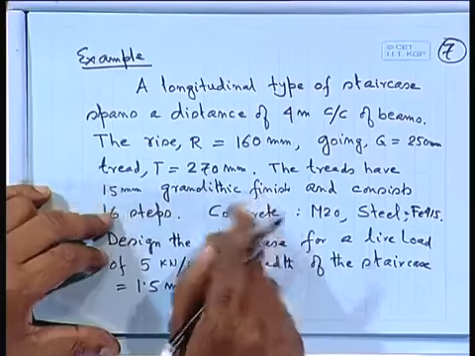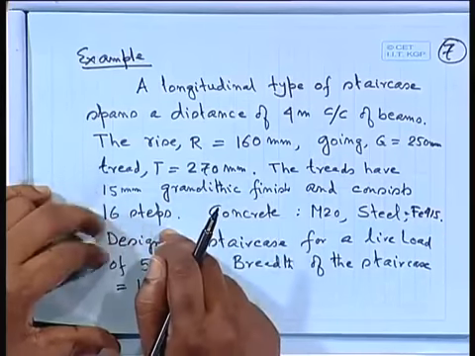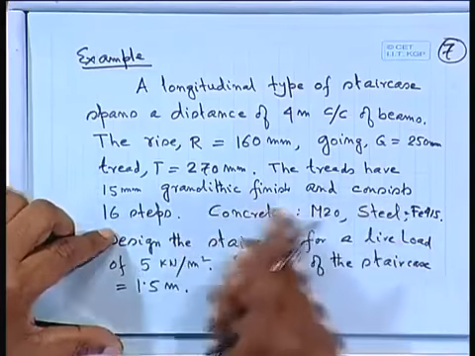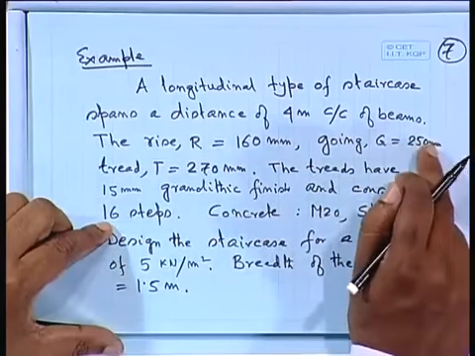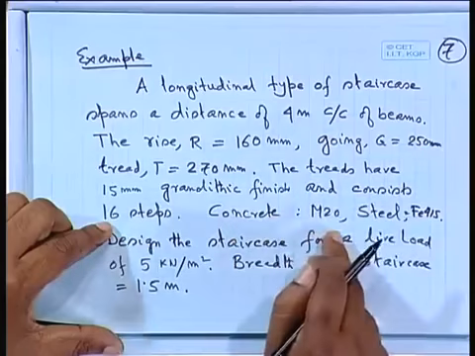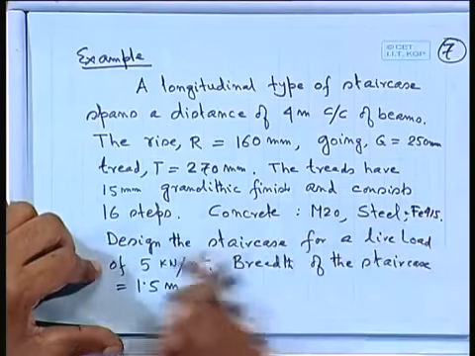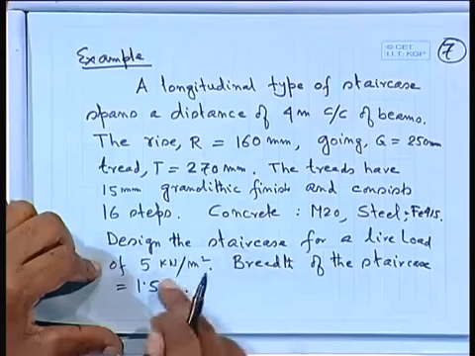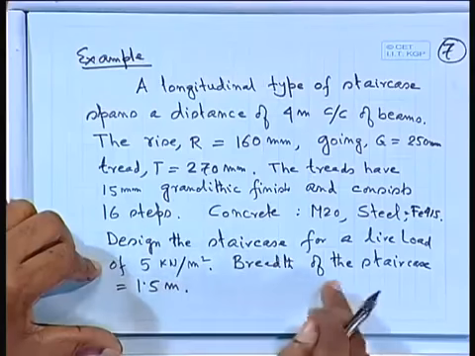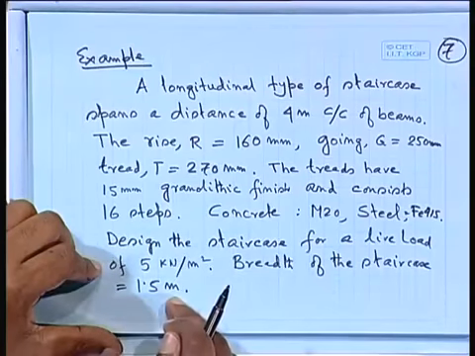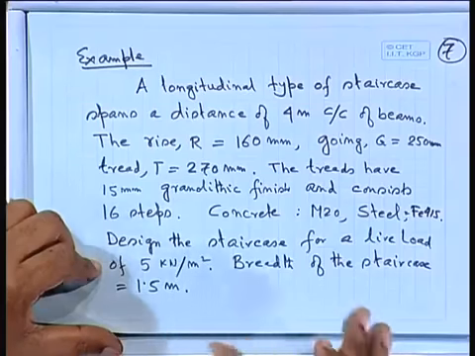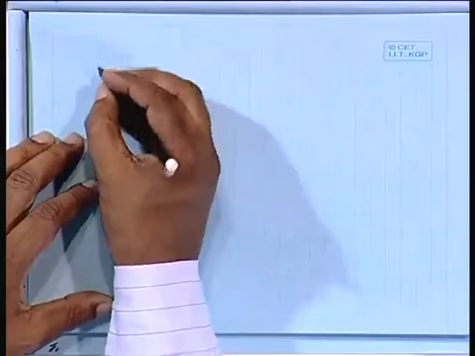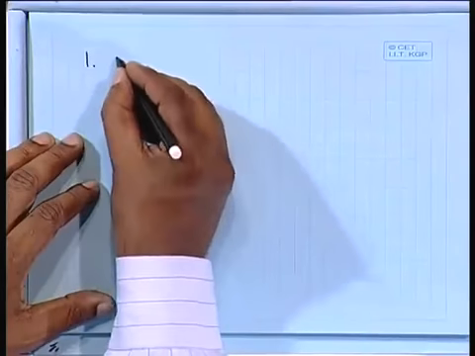The other one is 25 kilonewton for concrete, and we can calculate the 16 steps from the going also. Concrete M20, steel Fe415, and live load 5 kilonewton per square meter, breadth of the staircase 1.5 meter. So 1.5 meter is the breadth that is given. Number 1, what about the thickness of waist?